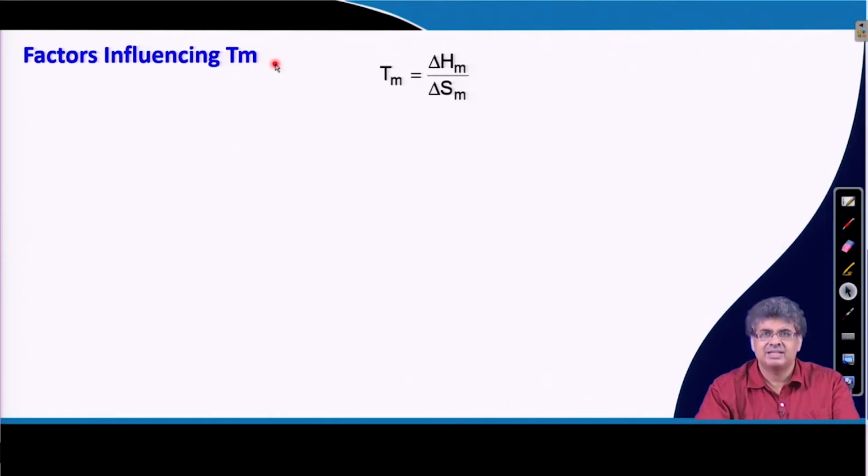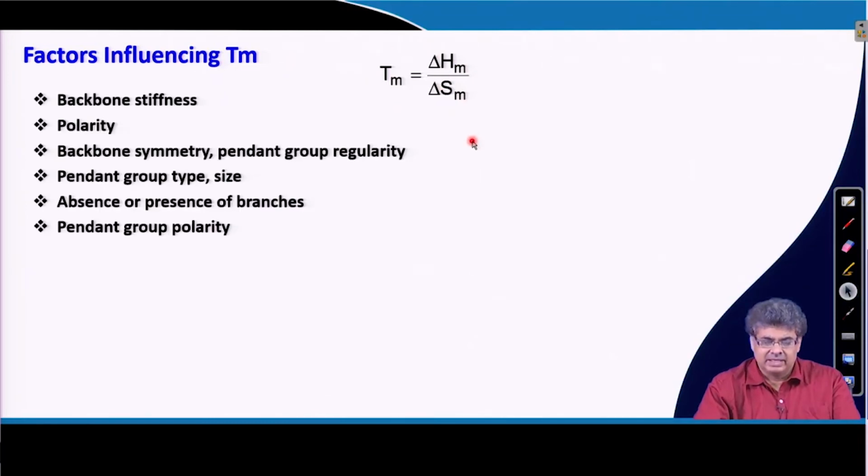So, what are the factors that determine Tm? The factors are backbone stiffness, polarity, backbone symmetry, pendant group regularity, pendant group type and size, absence or presence of branches, and pendant group polarity.